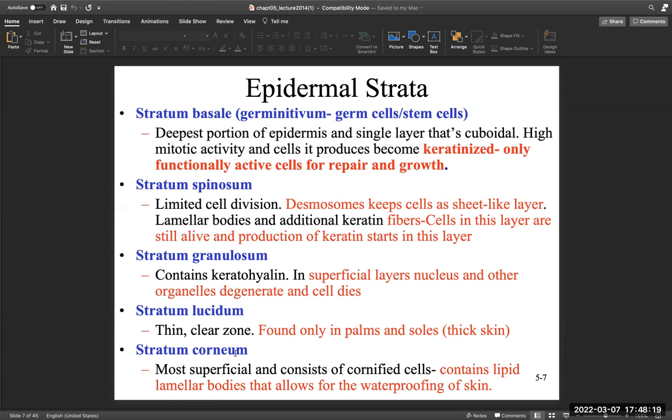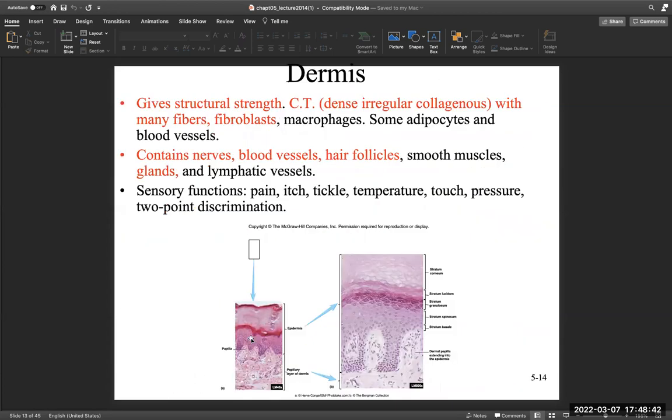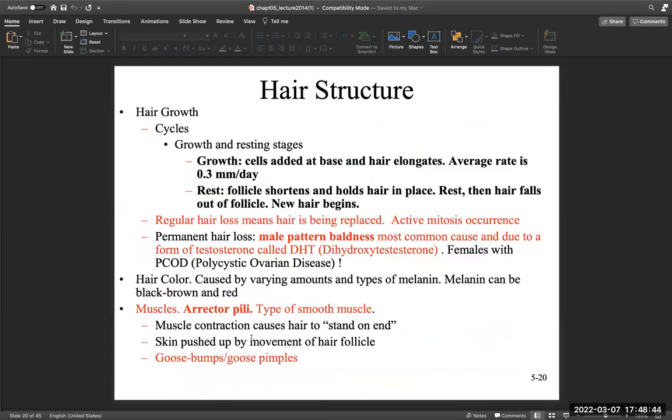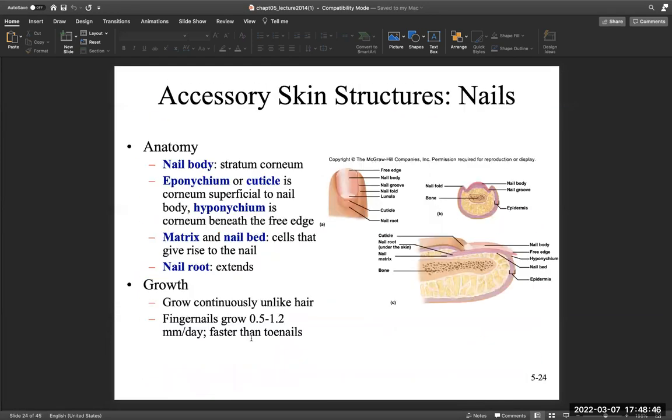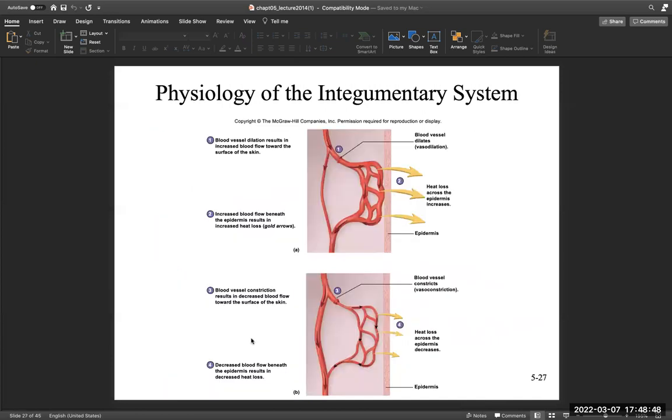So increased pain perception, increased light touch perception, increased perception to texture, all felt more likely on our fingertips, on the soles of our feet, on the palms of our hand. All right, and that region is considered thick skin region, and it has this area that we call the stratum lucidum layer.